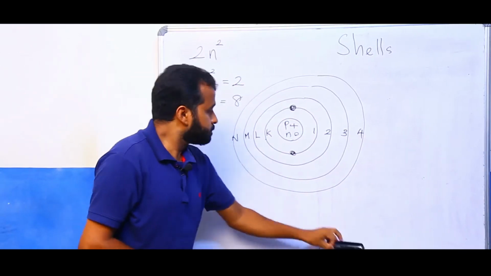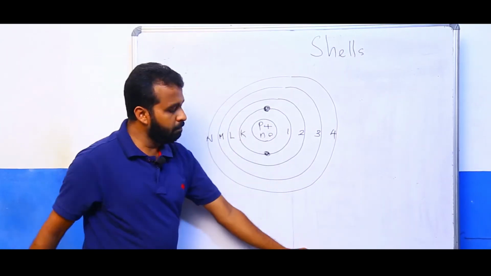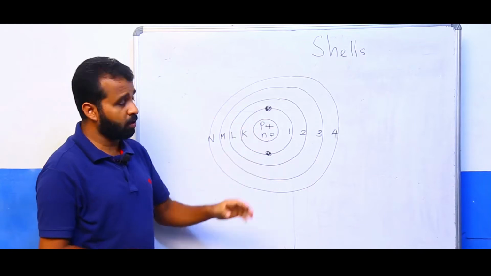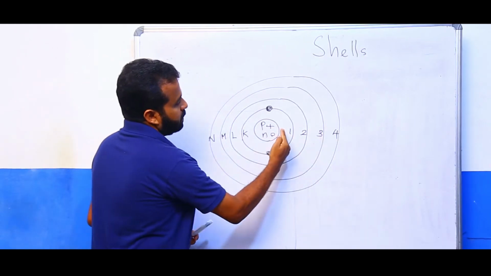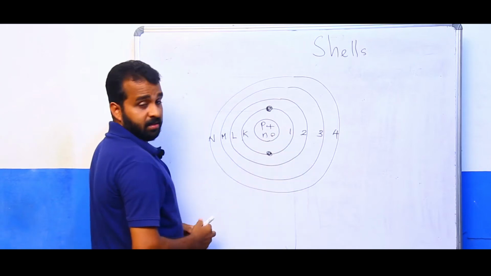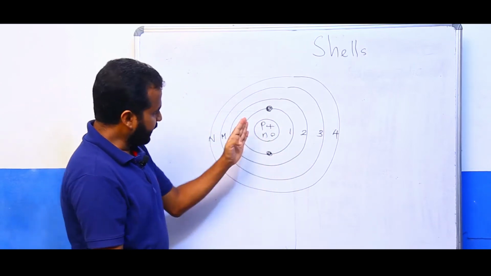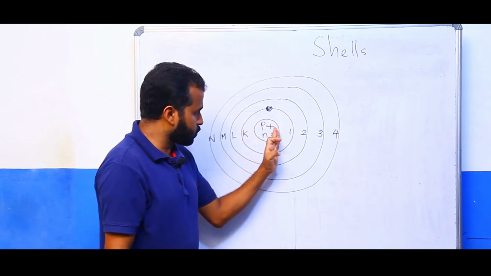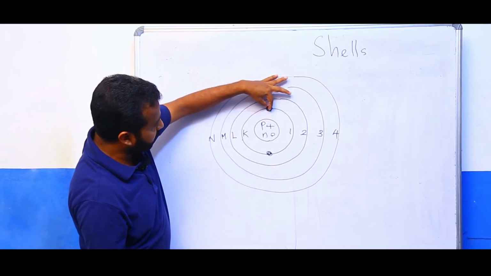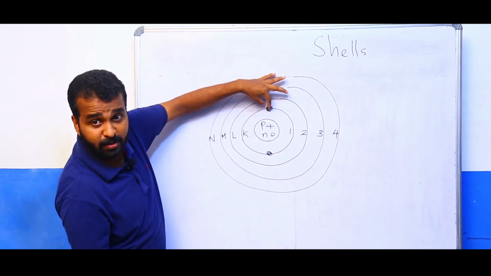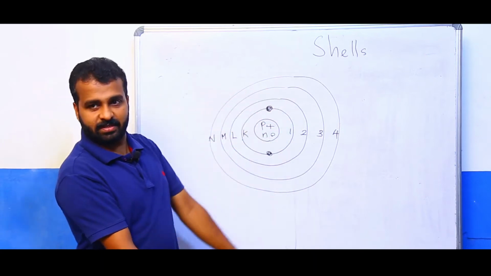So this is the Bohr model of the atom. According to this model, as we move from the nucleus, the attraction between electrons and the nucleus decreases. As we move from the nucleus to the last shell, the attraction between the negatively charged electrons and the positively charged nucleus decreases.